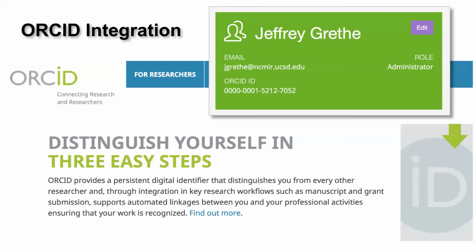And again, ORCID is an organization that provides identifiers for researchers. Within our collected resources, one can associate your ORCID ID with your account. And one of the next steps that we're looking at is how can we actually push information on resources about a researcher to ORCID.